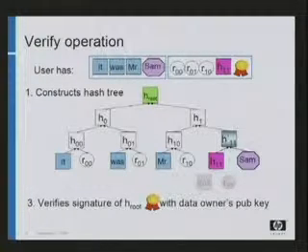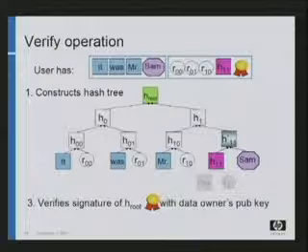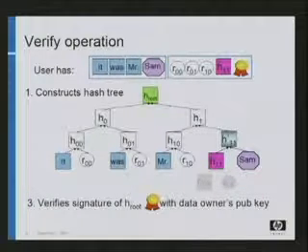Now, how does this satisfy all our three requirements? Consistency is pretty simple because we now ask the data owner to choose the pseudonyms. So we trust the data owner to choose consistent pseudonyms at the beginning of time.